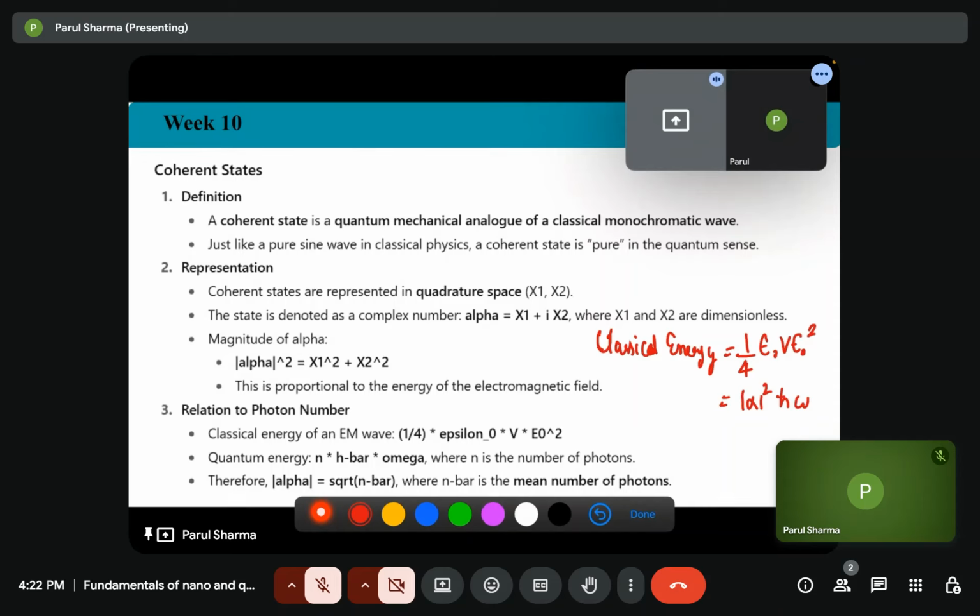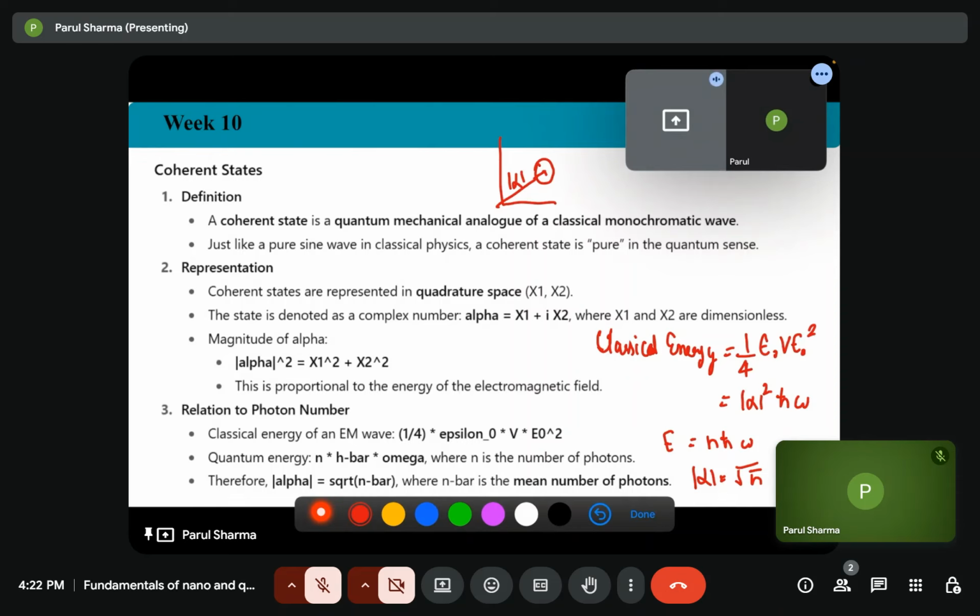For photons, it is equal to n h cross omega, and alpha is equal to the square root of n bar. So the length of the phasor is proportional to the mean number of photons.